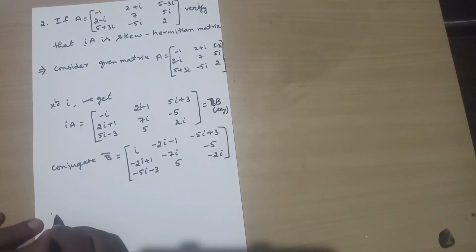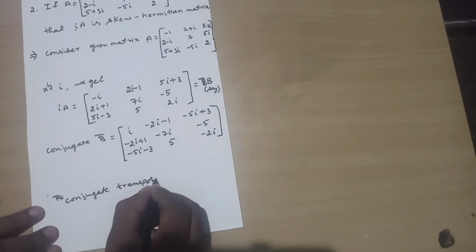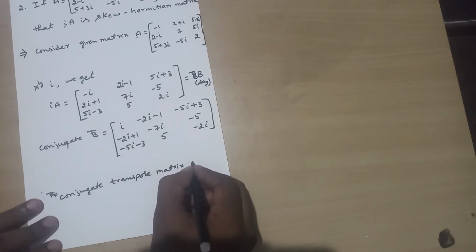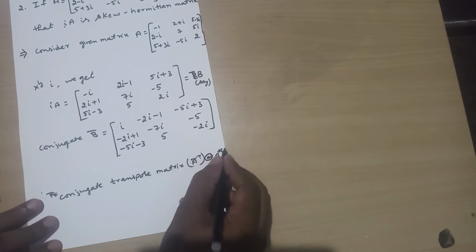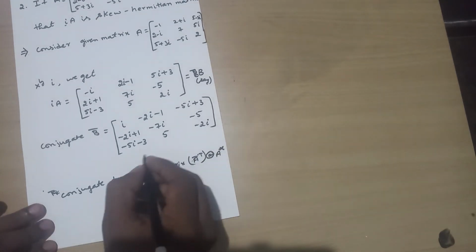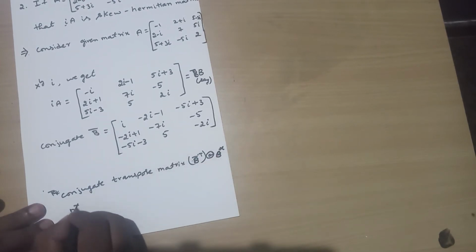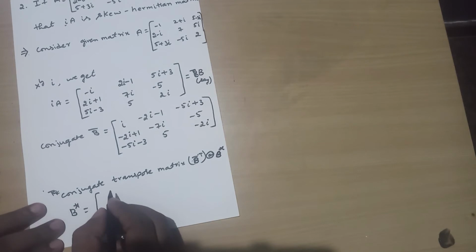So conjugate transpose. So the transpose matrix, that means here A transpose, or you can write A star. Sorry, I'm taking B, so B star equals, you have to take the transpose of that one. So what do you get here?